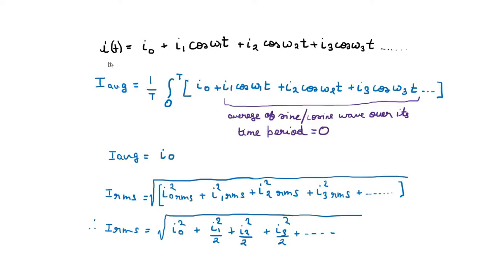So now we have this current i(t) in the form of a constant DC current, and then it contains sinusoidal terms like cos omega 1 t, cos omega 2 t, and so on. So what is the average value?